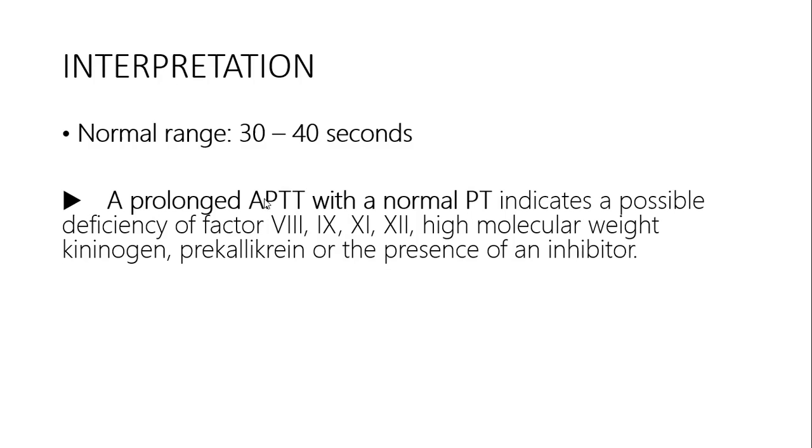If there is a prolonged APTT with a normal PT, that would indicate a possible deficiency of factor 8 or factor 9, or a deficiency in factor 11 or 12, or a deficiency in contact factors like high molecular weight kininogen or prekallikrein, or the presence of inhibitors. Inhibitors of what? Inhibitors of your clotting factors 8, 9, 11, and 12.